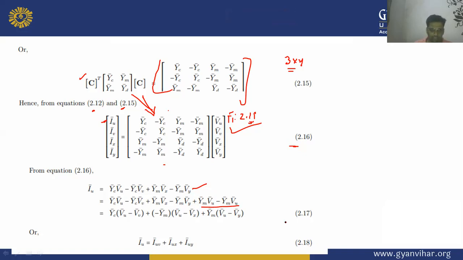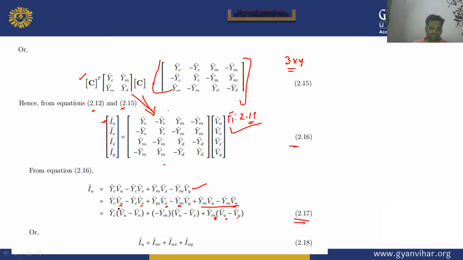And we have taken the common factors. Now the common thing is that YC into VU minus VV, and YM is taken common, and it will be equal to what? VU minus VX. Similarly, VU minus VY for this plus Y. That is the equation number 2.17.